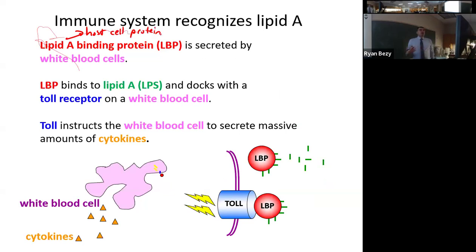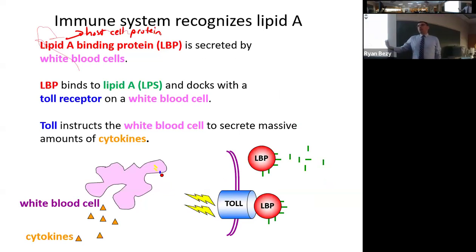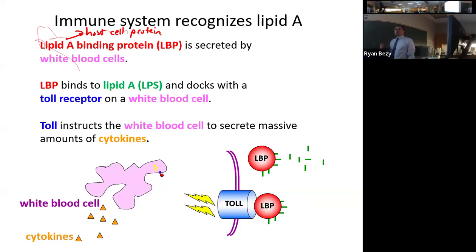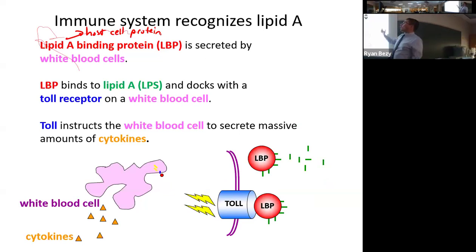It's called lipid A binding protein because what it binds to is the lipid A portion of lipopolysaccharides. This is secreted by white blood cells in our bloodstream, and there's always some of this lipid A binding protein circulating around in our blood.